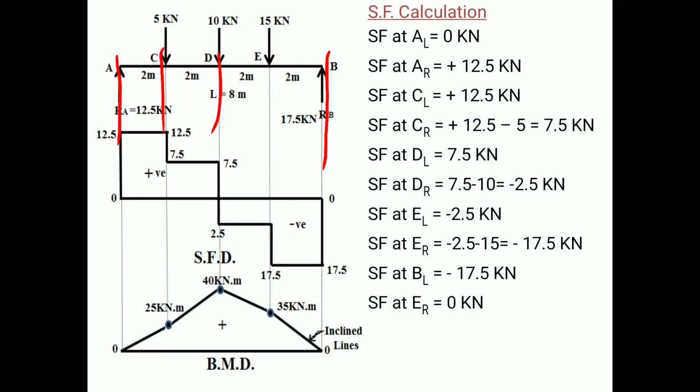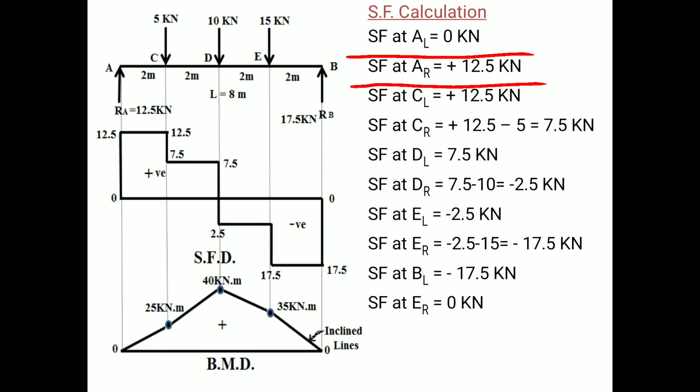Therefore at those points we are going to calculate the value of shear force just left and right of that particular point. Therefore we have shear force at left of A, which is equal to 0. It is always 0. At the end shear force always remains 0. Now we have shear force at right of A.